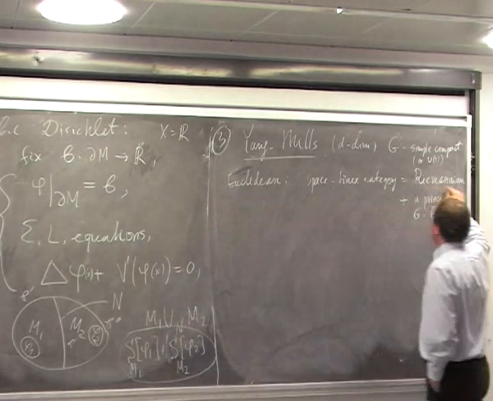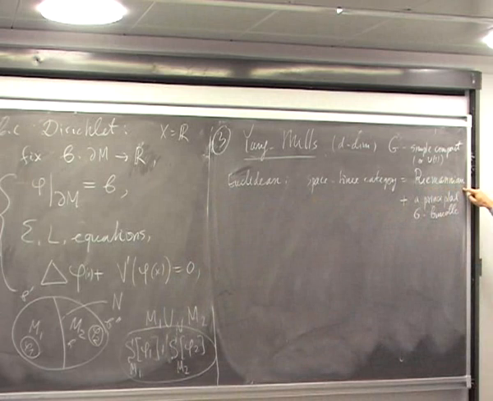So that means objects are d-1 dimensional Riemannian manifolds with principal G bundles on them. Morphisms are d-dimensional Riemannian manifolds with principal G bundles on them.